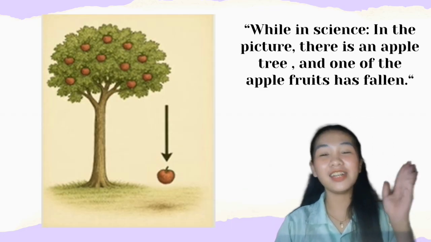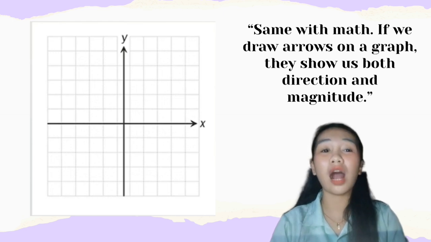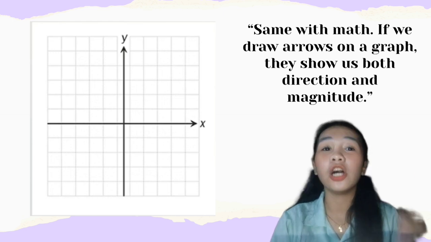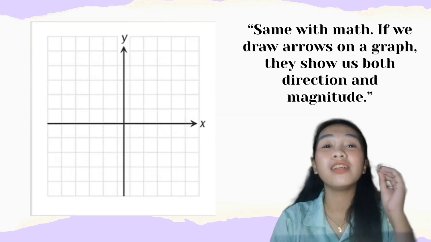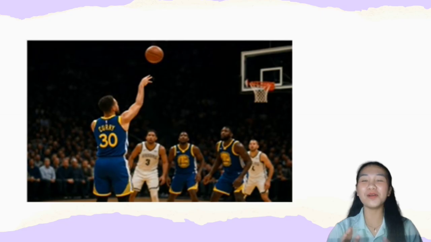Also, in another example, in math, if we draw arrows on a graph, they show us both direction and magnitude. To make the idea of a vector clearer, here's one more example. When we watch a basketball game, your eyes follow the ball, right?